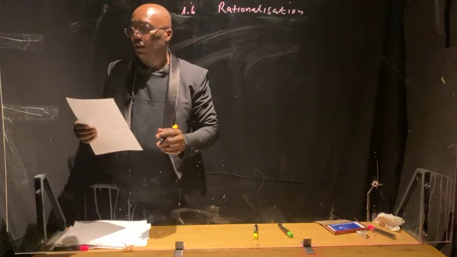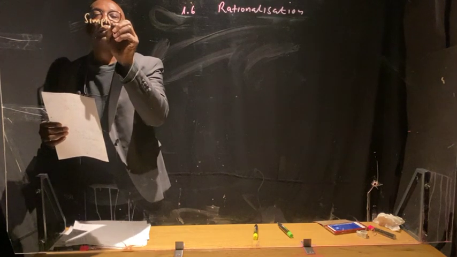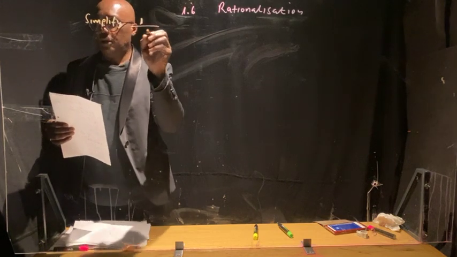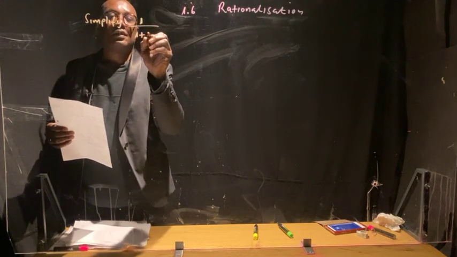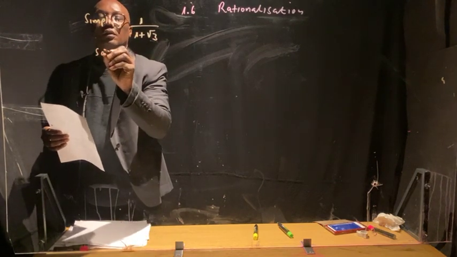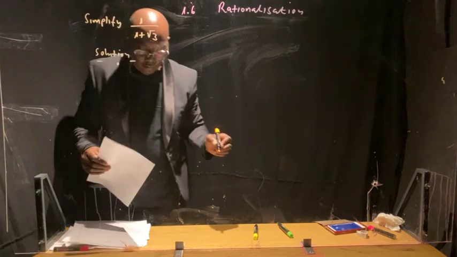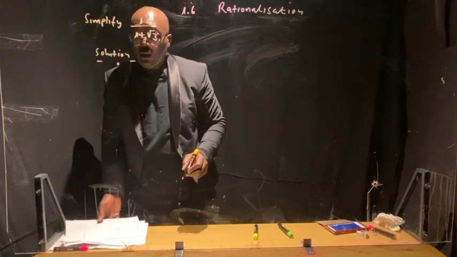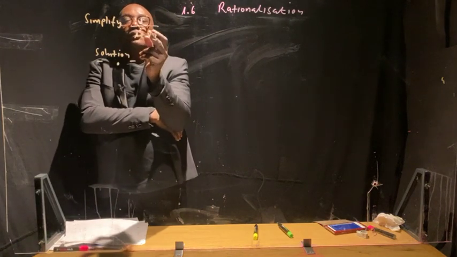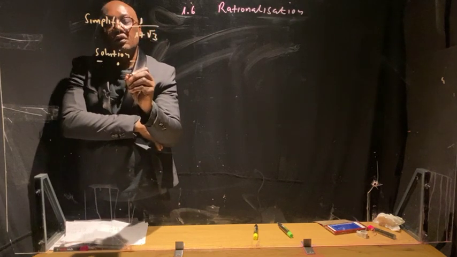The next question says simplify 1 over 1 plus root 3. Solution. If you have an expression like this and you are requested to simplify, this is how it goes.